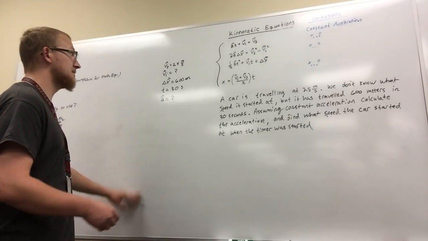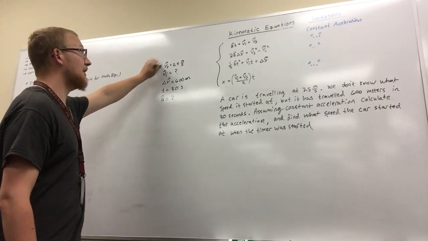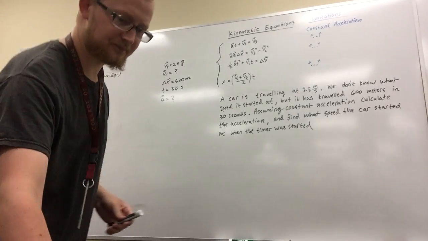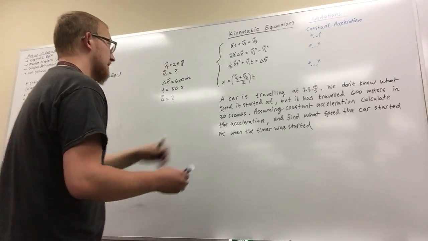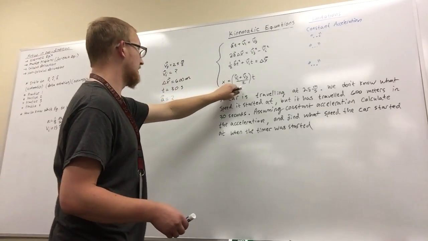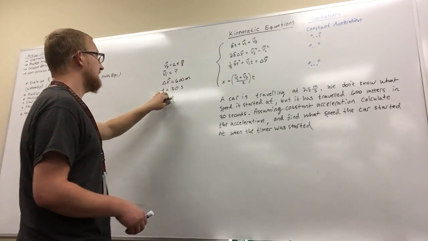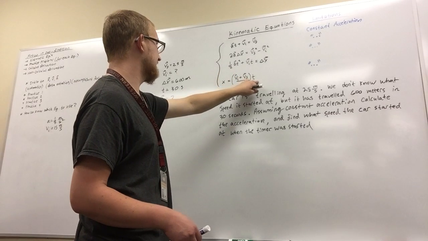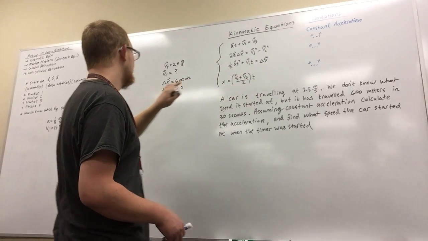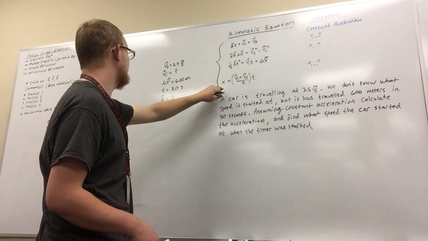So in this case, we look through some of our equations. Let's go ahead and go through these one by one. Alright, so we're going to start on the bottom. V initial is unknown here. V final is known here. T is unknown here. And X is also known.